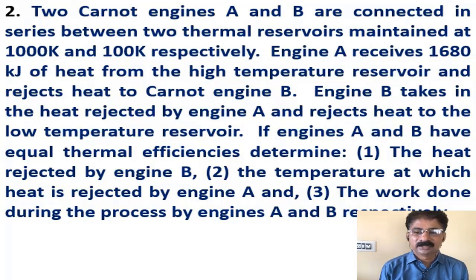If engine A and B have equal thermal efficiencies, determine the heat rejected by engine B, the temperature at which heat is rejected by engine A, and the work done during the process by engines A and B respectively. So, a very interesting problem.